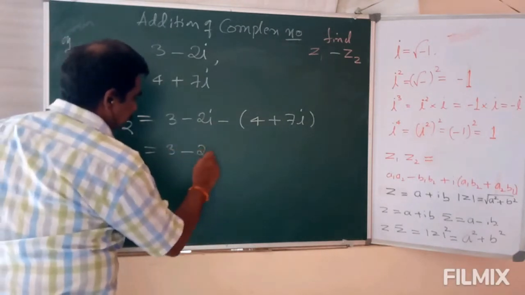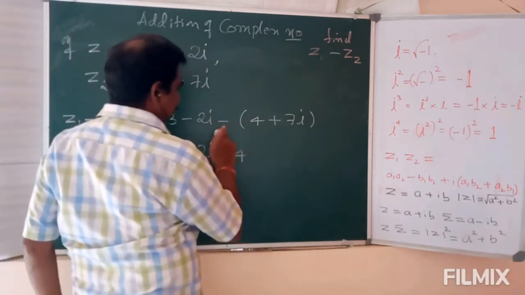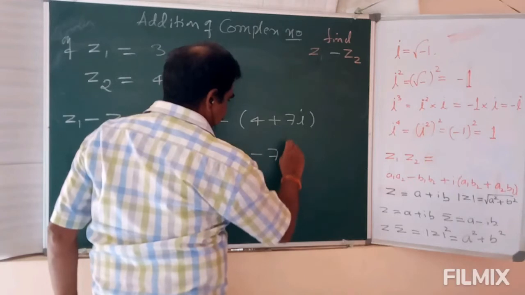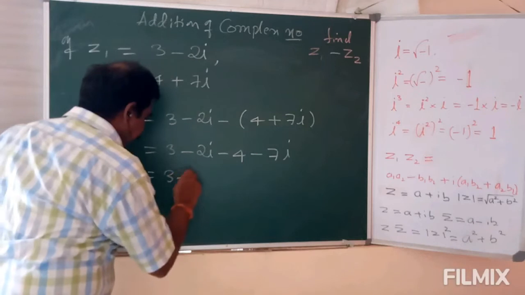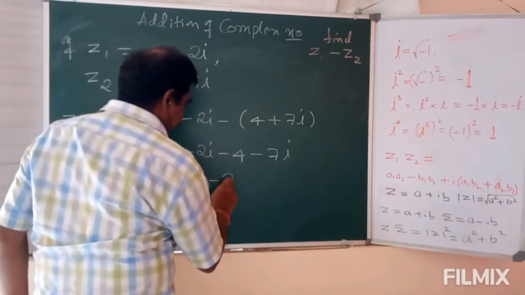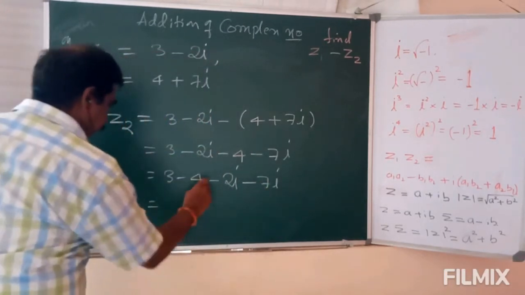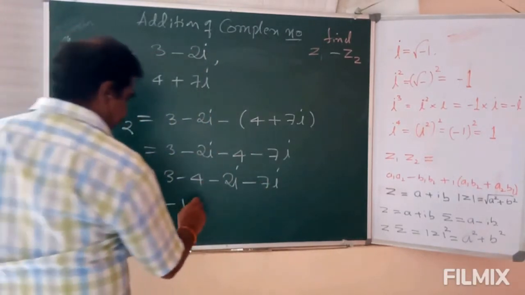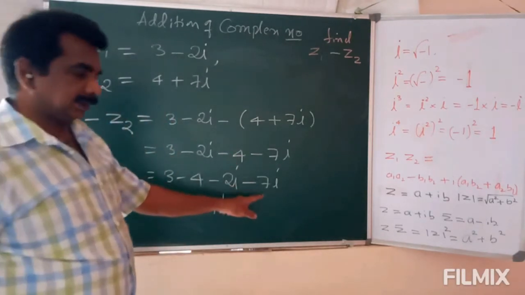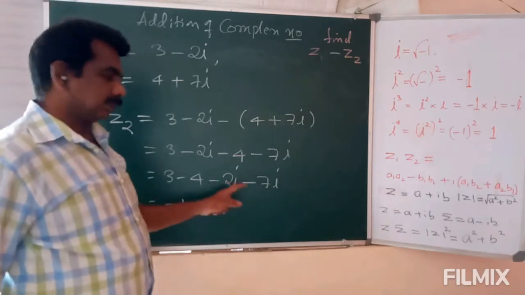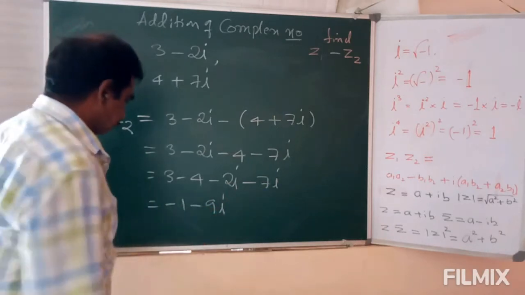3 minus 2i, open the bracket, minus into plus, minus 4, minus into plus, minus 7i. Operate the real parts, that is 3 minus 4, and minus 2i minus 7i. What is this? Minus 1 minus 9i. 2i minus 7i, 7 and 2 on the same side, you can add, 9, so minus 9i.